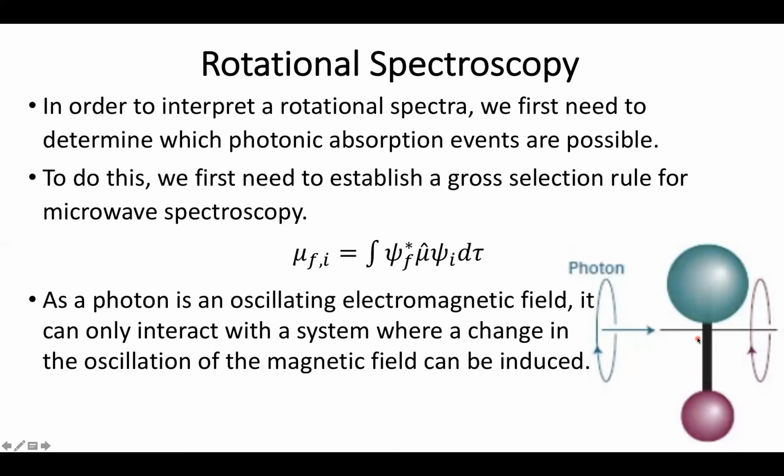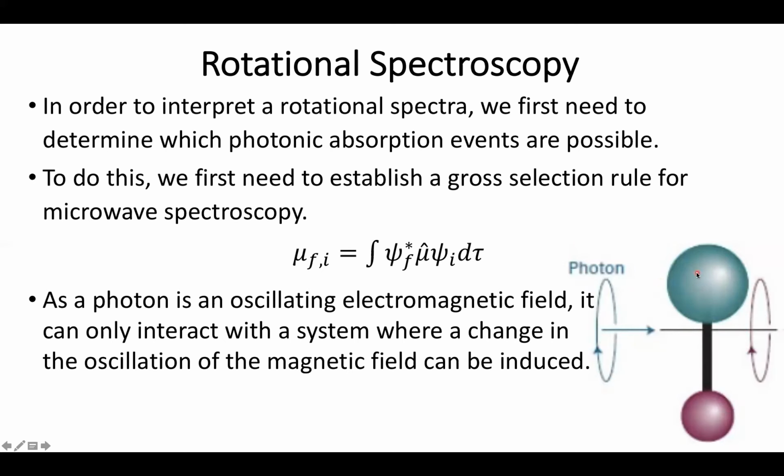When it's absorbed, the molecule has to end up taking up that oscillation. If the molecule was already rotating, it can either start rotating in the opposite direction, or more likely, since energy is coming in and that energy also needs to be spent for an absorption event, it will end up speeding up.